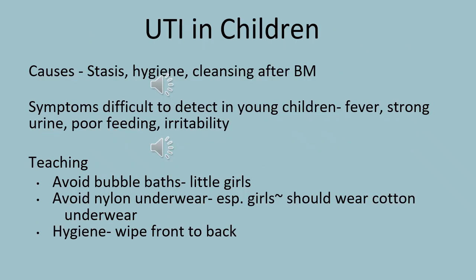UTIs in children occur for the following reasons: urinary stasis, limitations in hygiene, and improper cleansing after a bowel movement. Urinary stasis can occur due to anatomical structure abnormalities or conditions such as a neurogenic bladder. Infrequent voiding can also cause urinary stasis and inadequate bladder emptying.